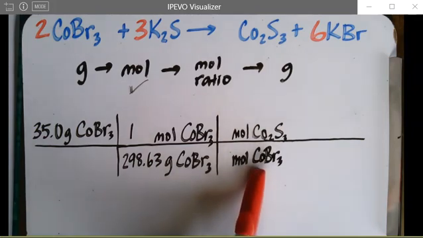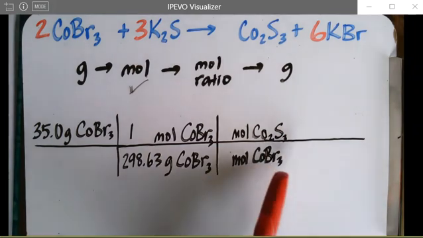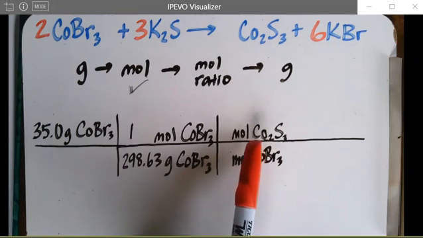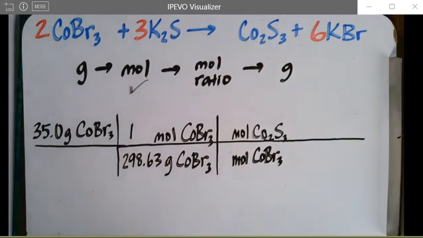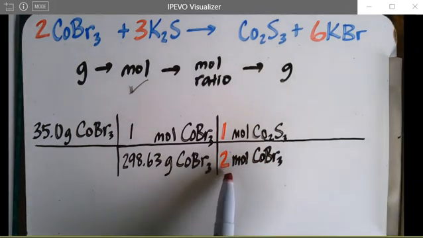That's the unit that we need to get rid of, and we're converting to moles of cobalt-3 sulfide. That is the product as shown here in the equation. See if you can plug in the coefficients in the right spot. Remember to use the balanced equation for the coefficients.